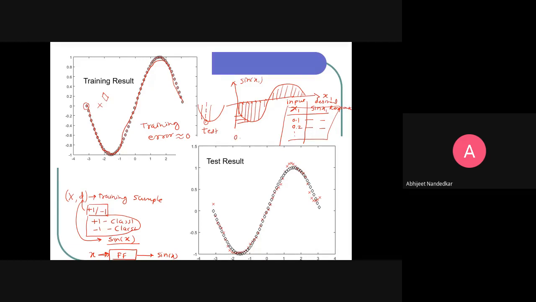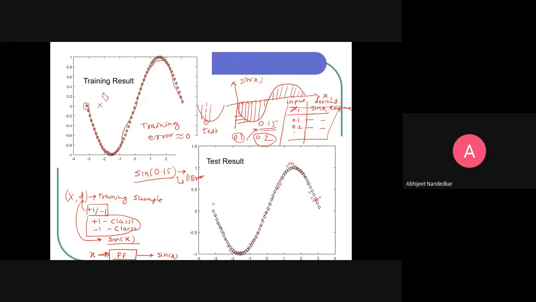For example, I started with 0.1, 0.2, and these were used for training. Intentionally, I'm going to use 0.15 for testing and check whether my network produces sine of 0.15. It will produce some value, and I'm going to check it against its actual value, and that will be my error.